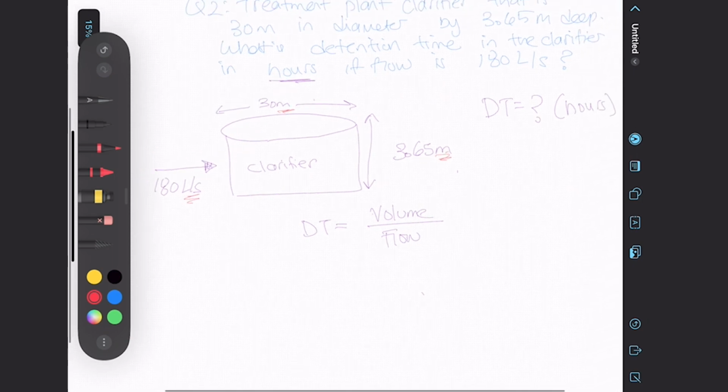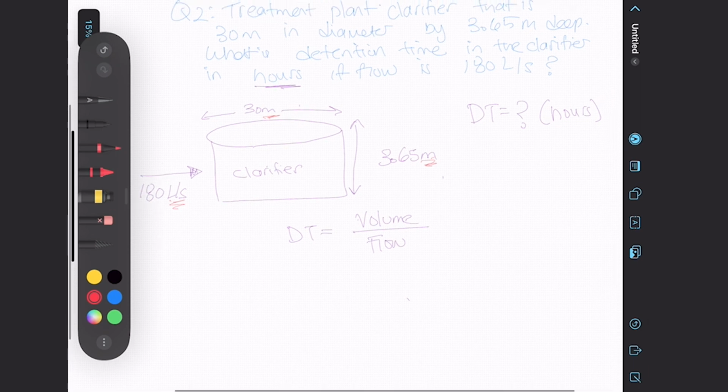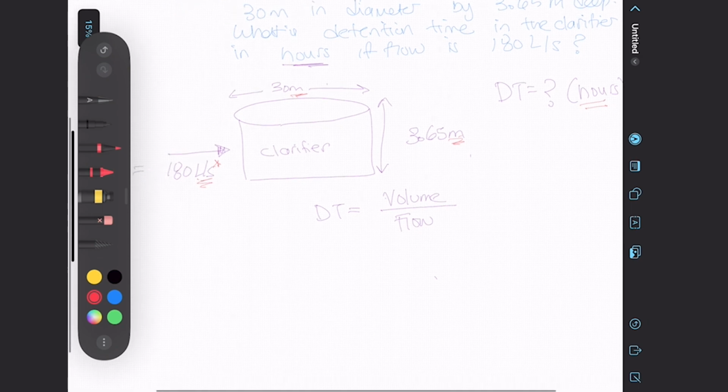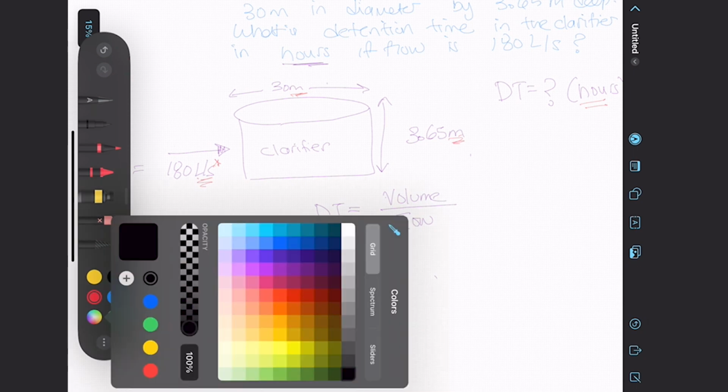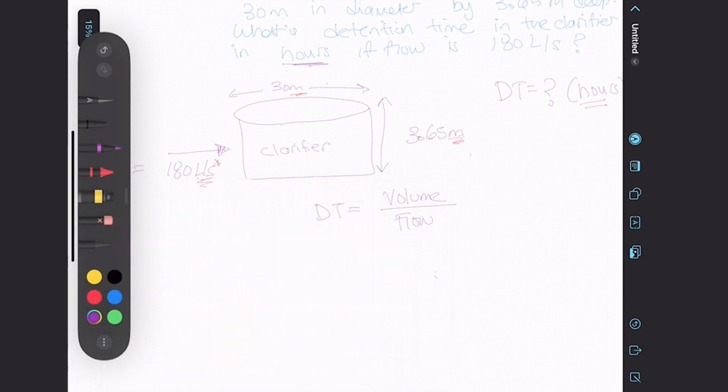I see meters, I see liters, and I know that for our final answer we're looking for time, but here we have seconds. So we're definitely going to have to do some unit conversions. But before we get into that, let's go ahead and solve for the volume of the clarifier.